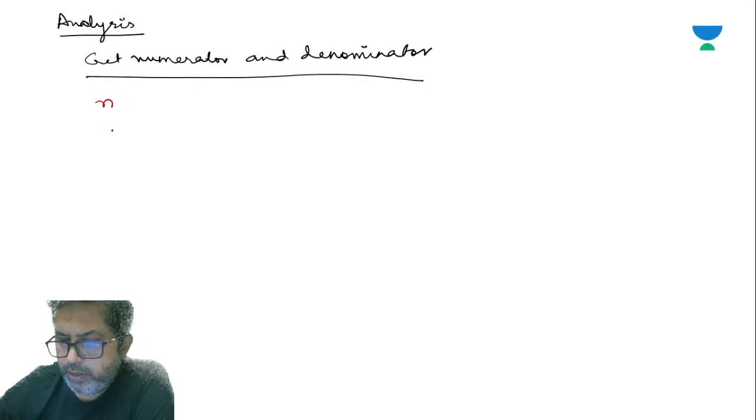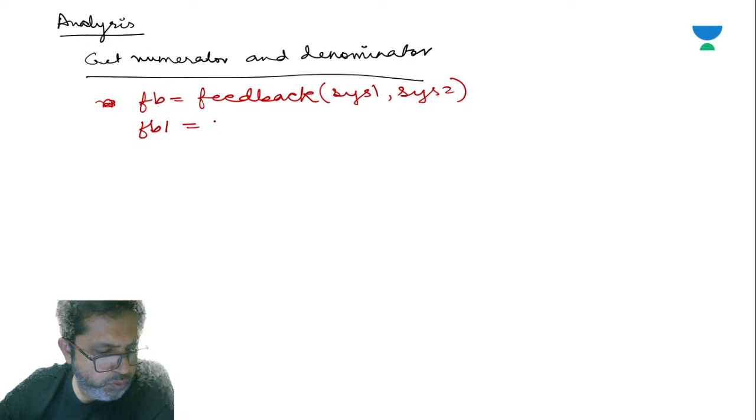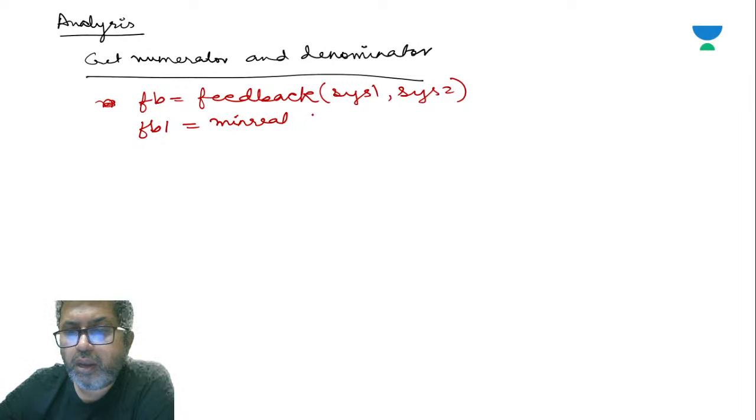I will say feedback is equal to feedback sys1 comma sys2. fb1 is equal to minreal fb. I want to get numerator and denominator.